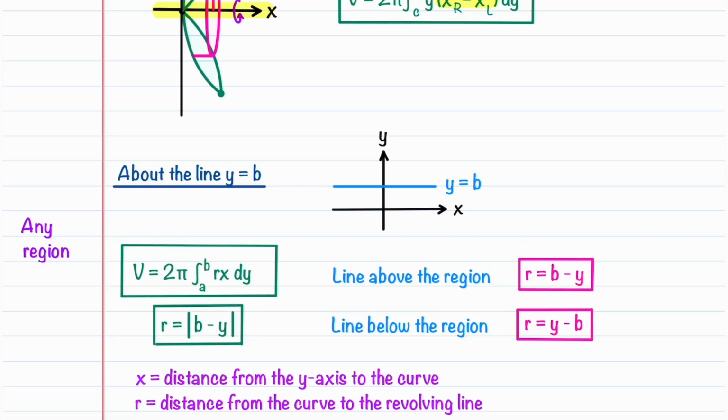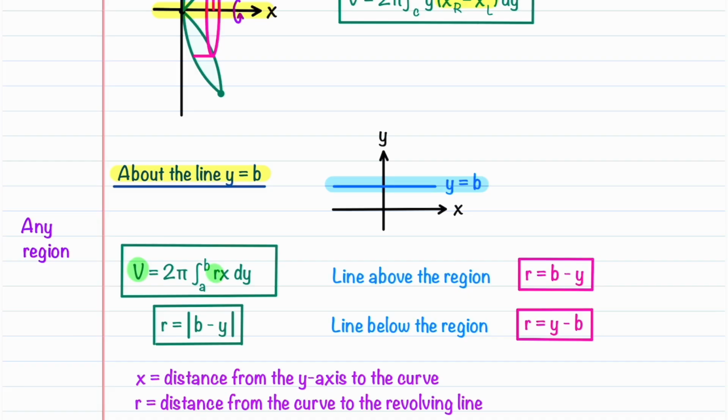Let's now go over the formula that we need to use when we revolve a region about a line y is equal to b. A line y is equal to b is a line that is parallel to the x-axis. The formula for the volume of revolution is the same as the ones we just looked at, but now the radius is just written as r.